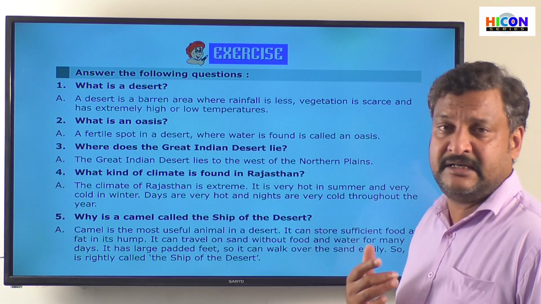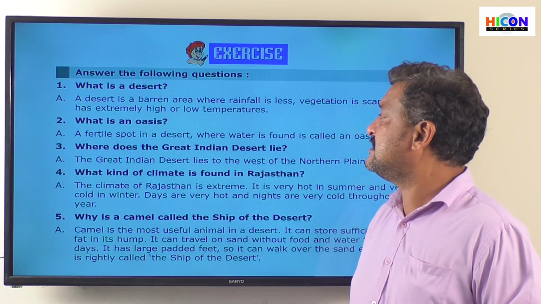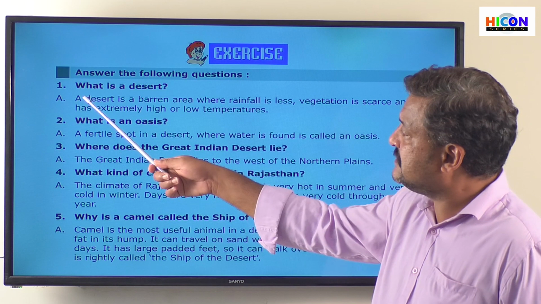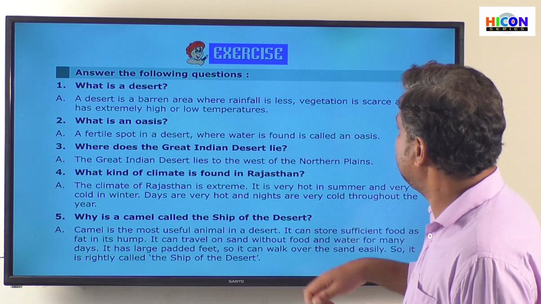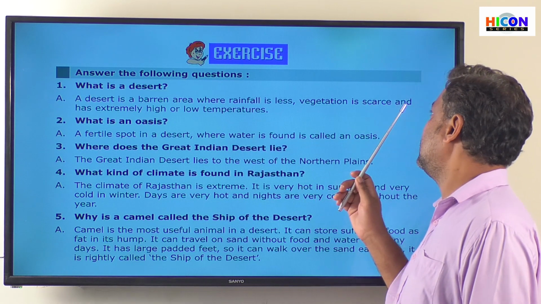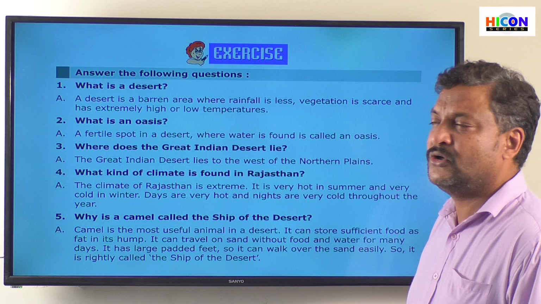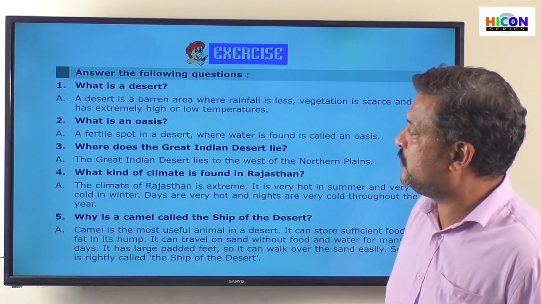Extremely low during the night time, extremely high during the daytime, isn't it? Yeah, such places are called a desert, right? So a desert is a barren area where rainfall is less, vegetation is scarce, and has extremely high or low temperatures, right?